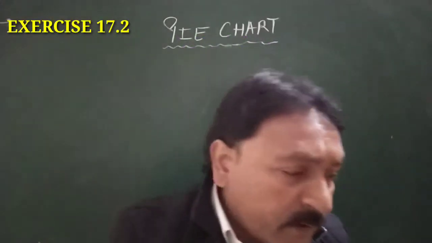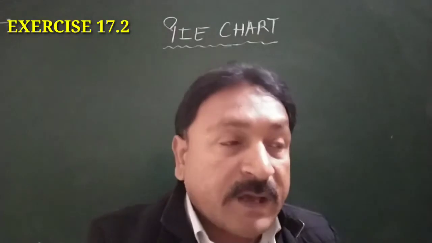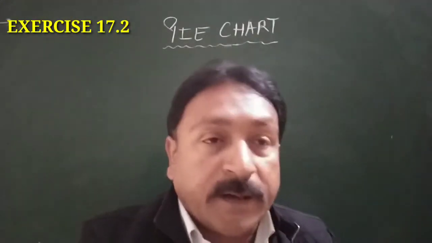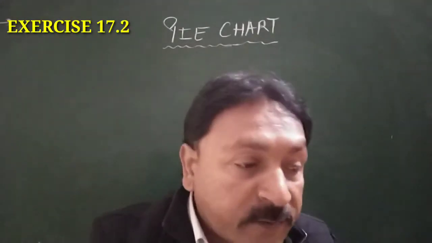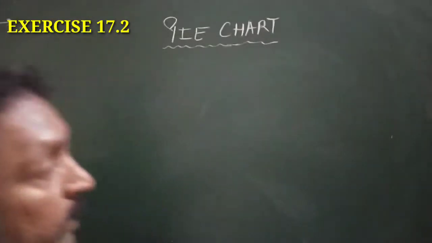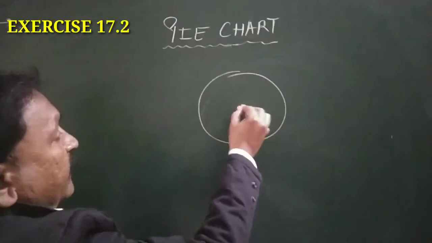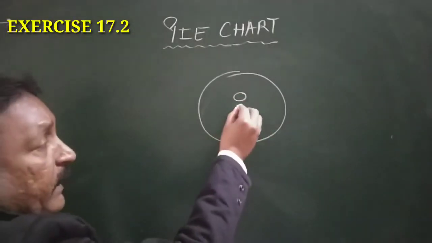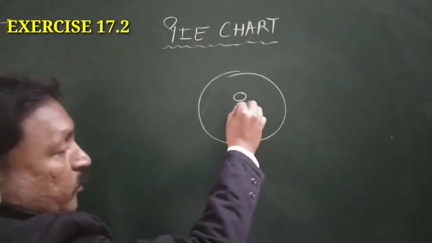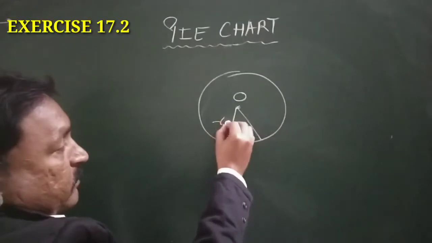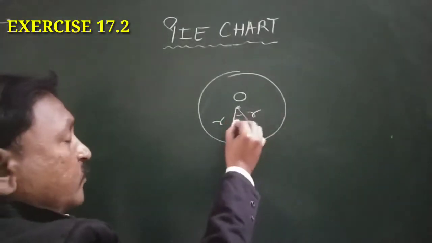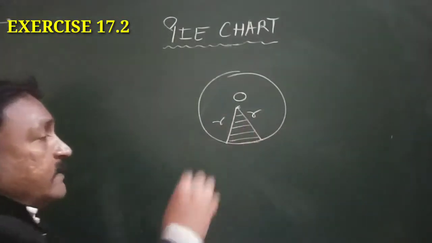Okay, so what is actually a pie chart? A pie chart is the representation of data by the help of the sectors of a circle. You know how? Suppose this is one circle and this is the center of the circle, and if I draw two radii, then this is called the sector of the circle.